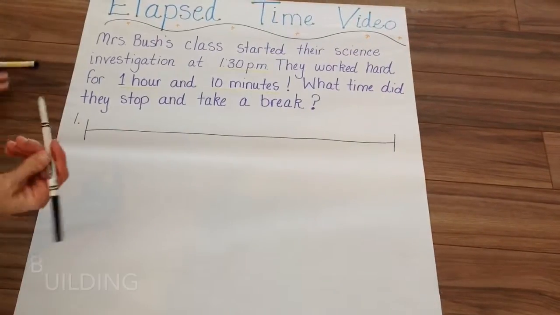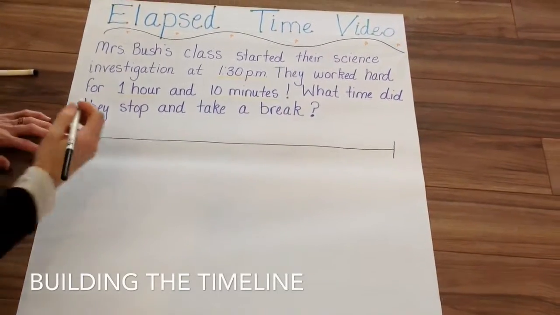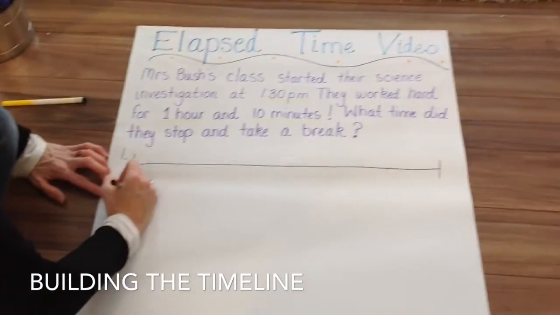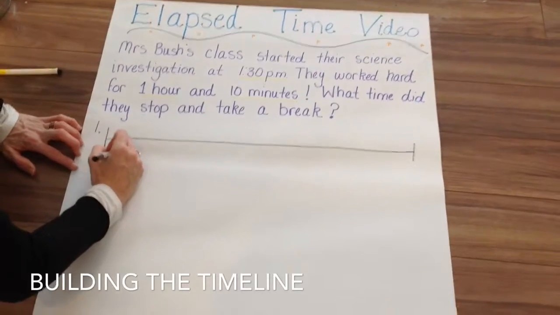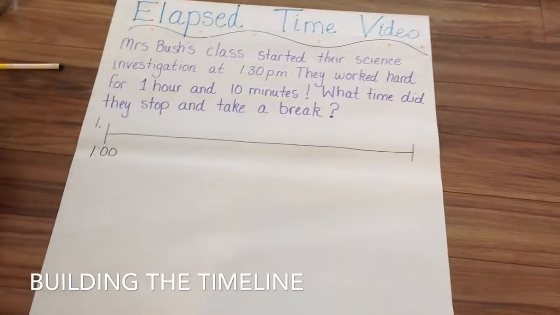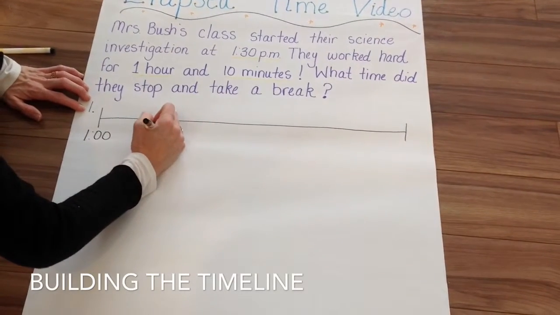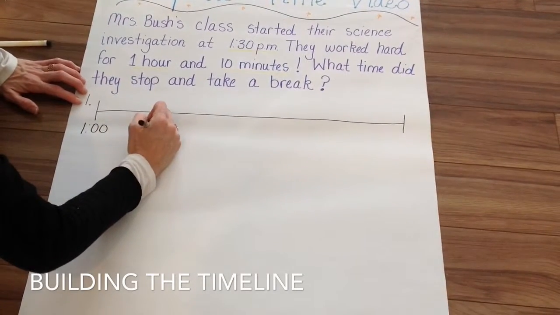So using the line down here, we're going to set up so we actually start and we're going to count in half-hour time segments. So our first one here is going to be 1 o'clock, and then our second one is going to be 1:30.